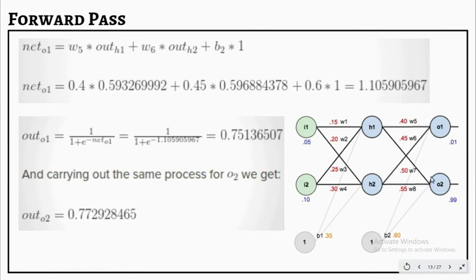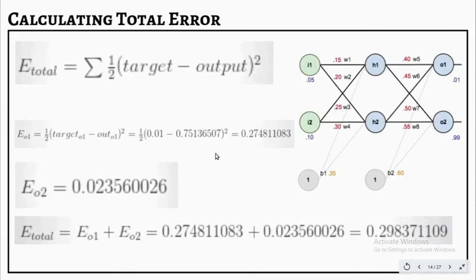Now you can see our output value of the first node is 0.75, but what we need is 0.01, and for the second the output value is 0.772, but what we need is 0.99. So obviously there is a huge error. So what you have to do now is calculate the error. How to calculate the error? Error is defined as the summation of half of target minus output squared. Here the target is the actual value and the output is the predicted output, the output which we were getting.